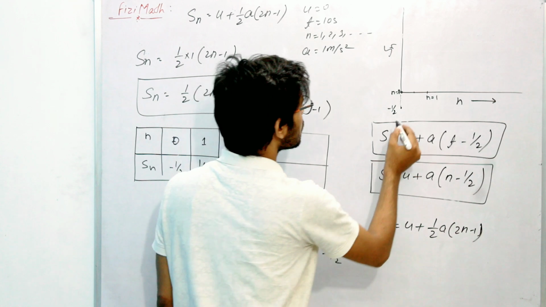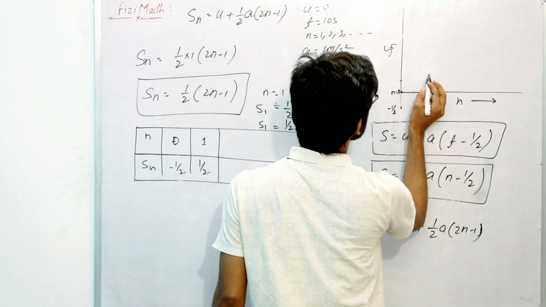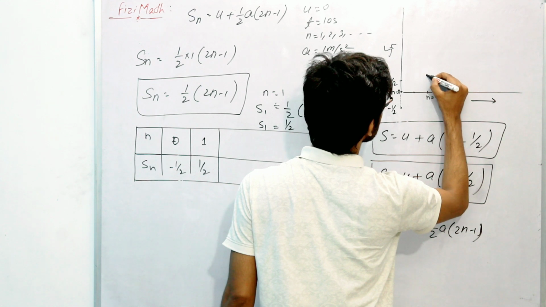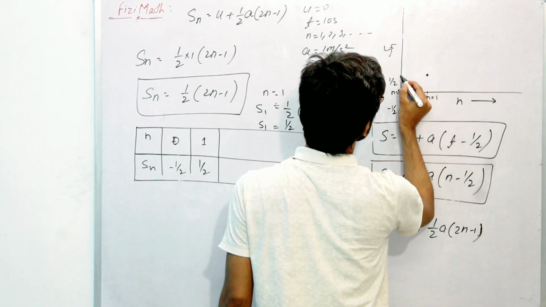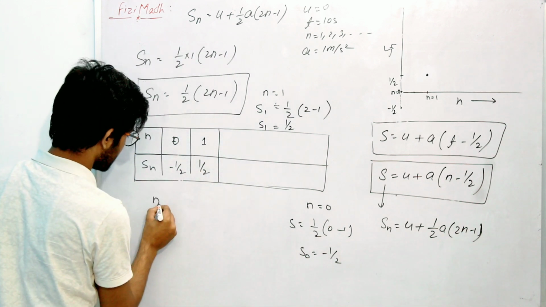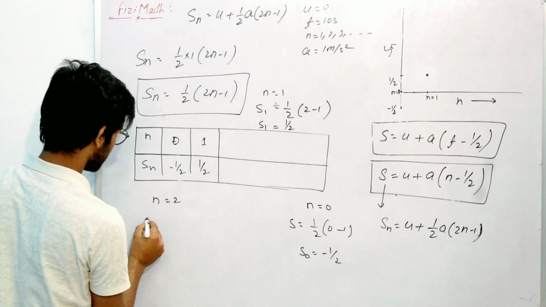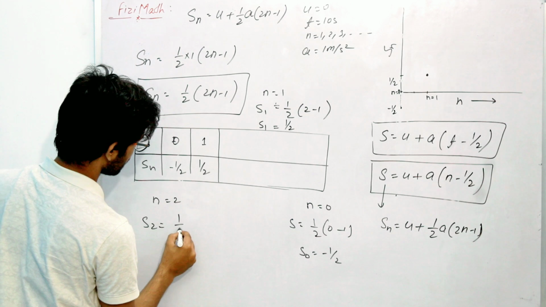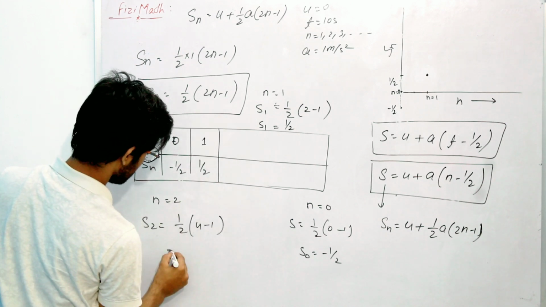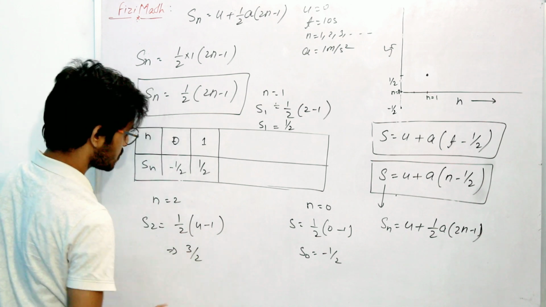So 1/2 means we have got this value somewhere. Now what about n is equal to 2? Let me plot it here. For n is equal to 2, S2 is equal to 1/2 (2 into 2, 4 minus 1), so 3/2.